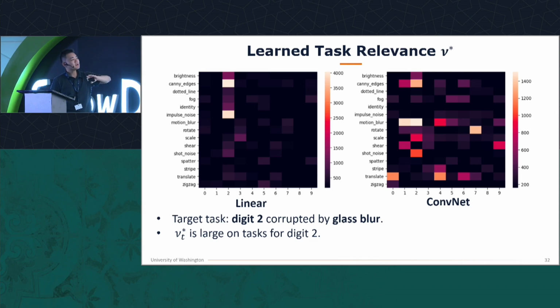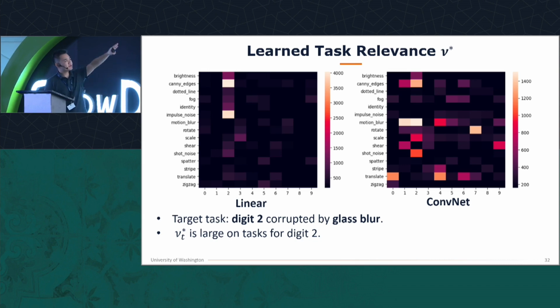Because this target task is about classifying whether the image is 2 or not, the task relevance scores for other source tasks that are also about classifying whether an image is 2 or not have a much bigger value, which corresponds to the third column of this left histogram.